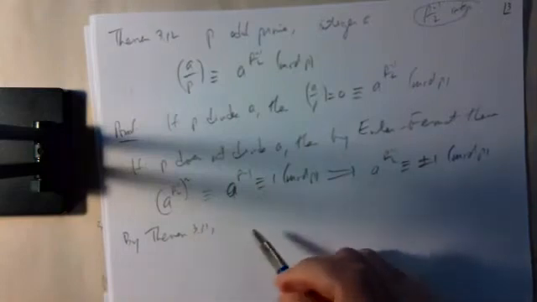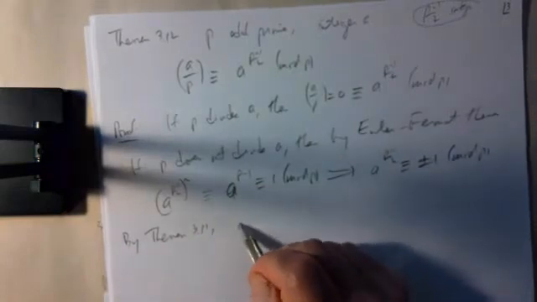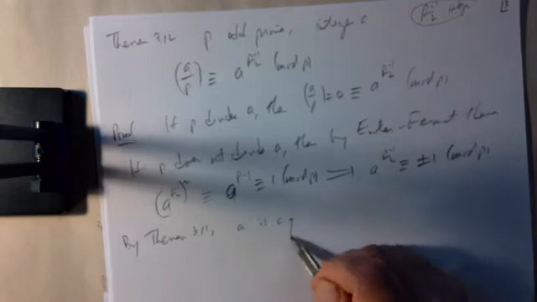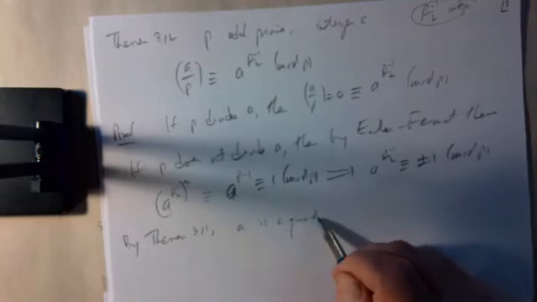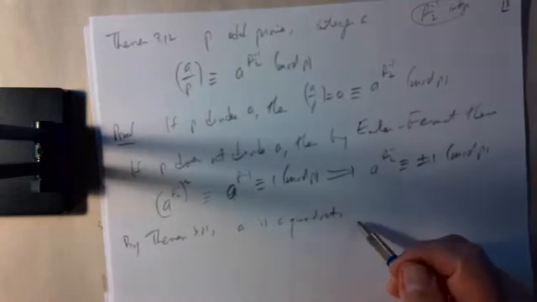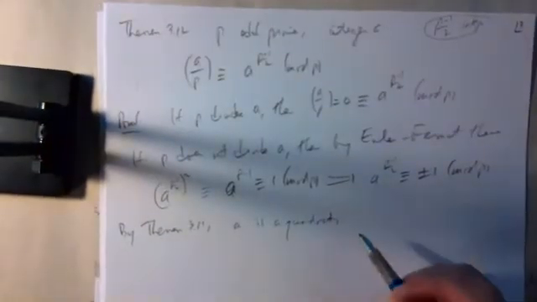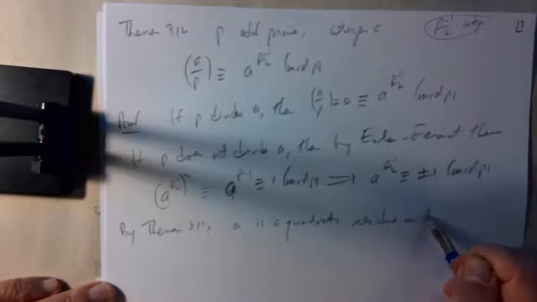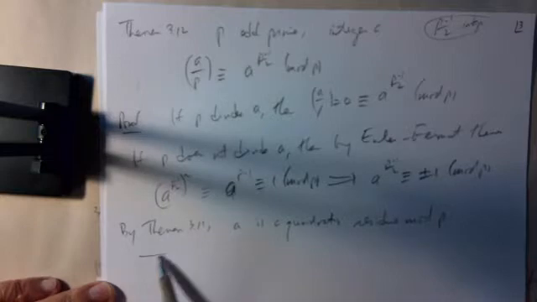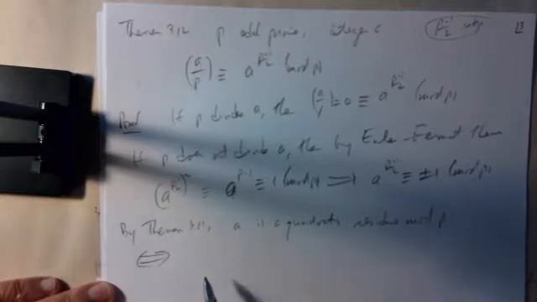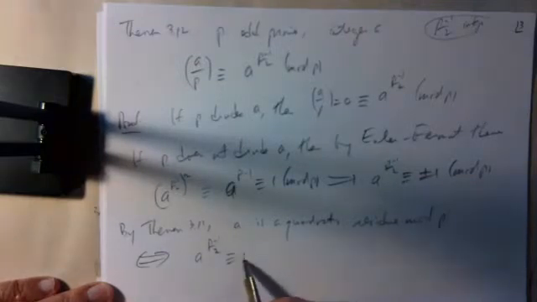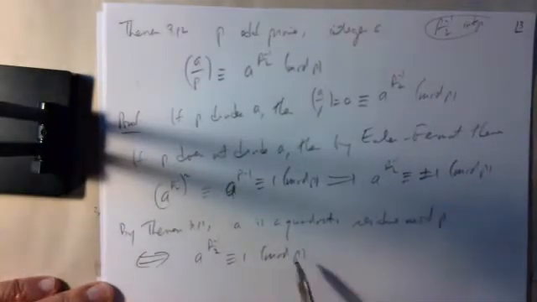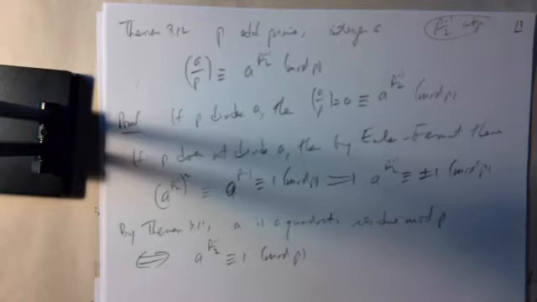So by theorem 3.11, a is a quadratic residue mod p if and only if a to the (p minus 1) over 2 is congruent to 1 mod p.